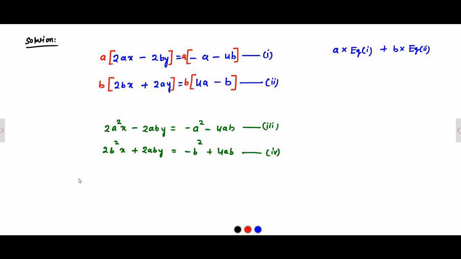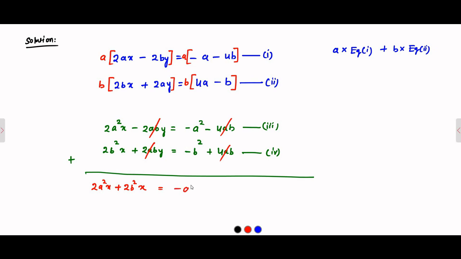Okay, so when we add these two equations, we have, see, minus 2aby plus 2aby, they get cancelled, minus 4ab plus 4ab, that gets cancelled. So we have 2a square x plus 2b square x is equal to minus a square minus b square.